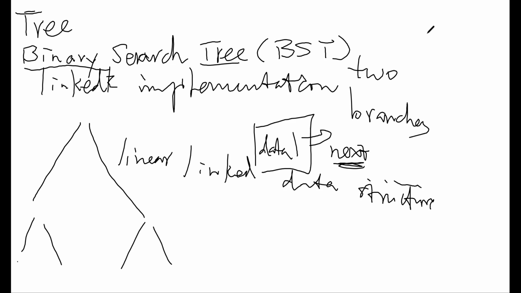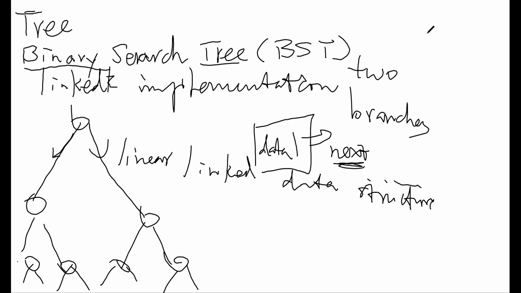Over here we have the nodes. Each node is going to have two outgoing arcs, compared with the node in a linked list, which only has one outgoing arc.